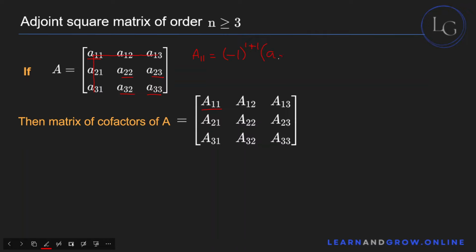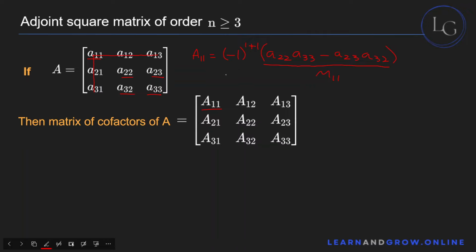So A22 into A33 minus A23 into A32. This is basically the minor of element A11.